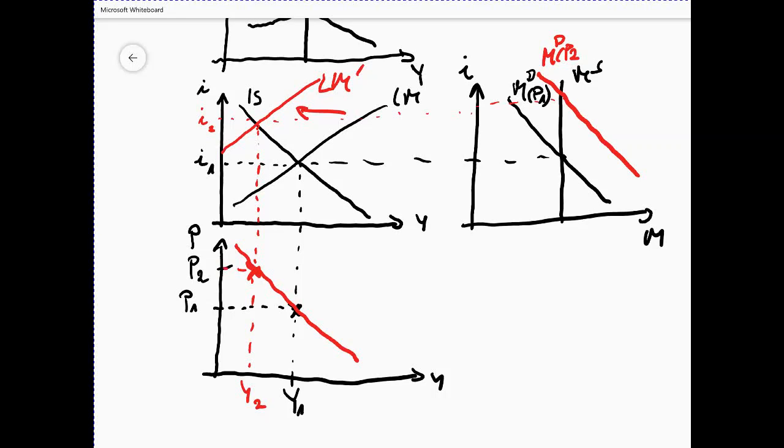So what is then the AD curve? I'm going to put it here that this is then the AD curve. But what is the AD curve? It is that combination of the price level and real GDP at which we have equilibrium in both the goods market and the money market.